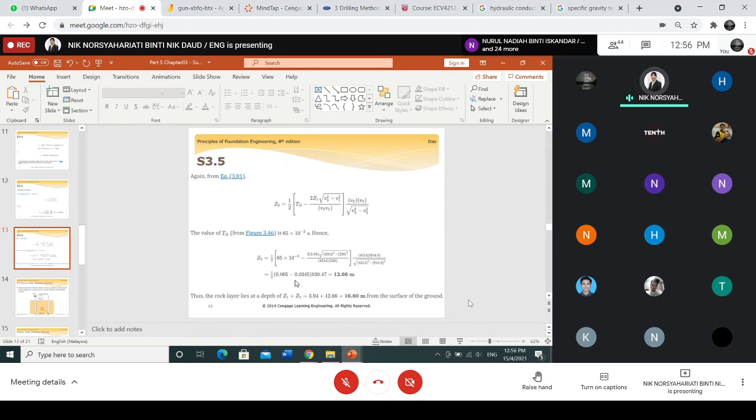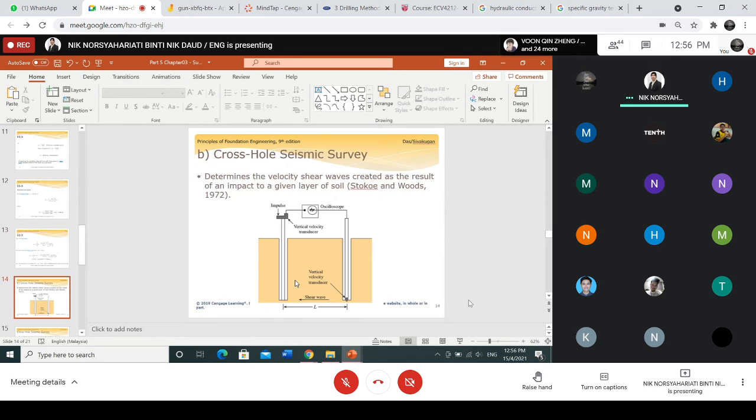So again, all those steps are explained well enough in the mind tab. That one is the seismic reflection survey. Then we move on to the second geophysical exploration, which is the cross-hole seismic survey. This is again based on the velocity of shear waves.